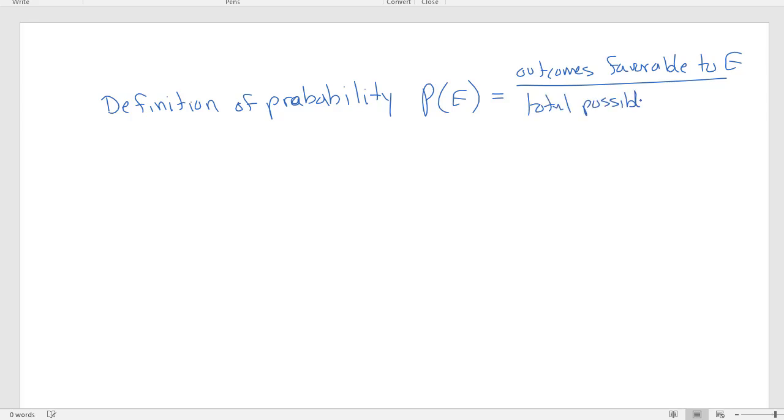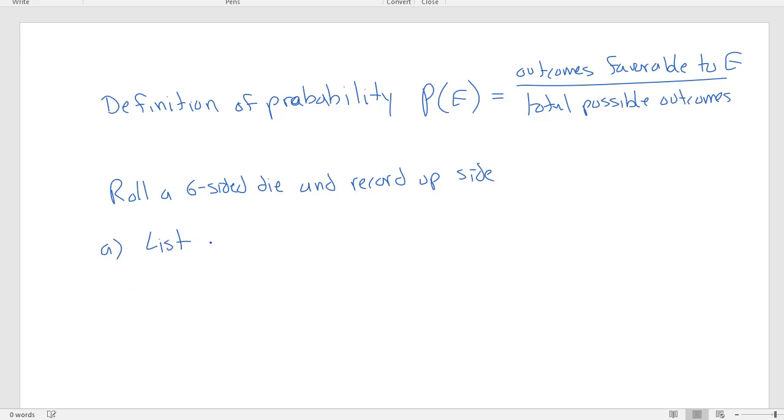To put some numbers to this definition, let's do something really simple. Let's say we roll a six-sided die and we record the upside. Let's list all possible outcomes.